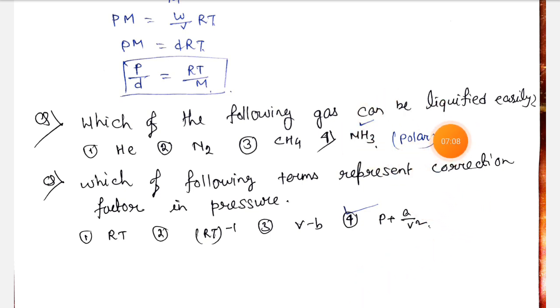For polar molecules, the force of attraction increases and liquefaction increases. For non-polar molecules, liquefaction increases with increasing molecular weight. So here the NH3 molecule is polar, hence it is liquefied easily.